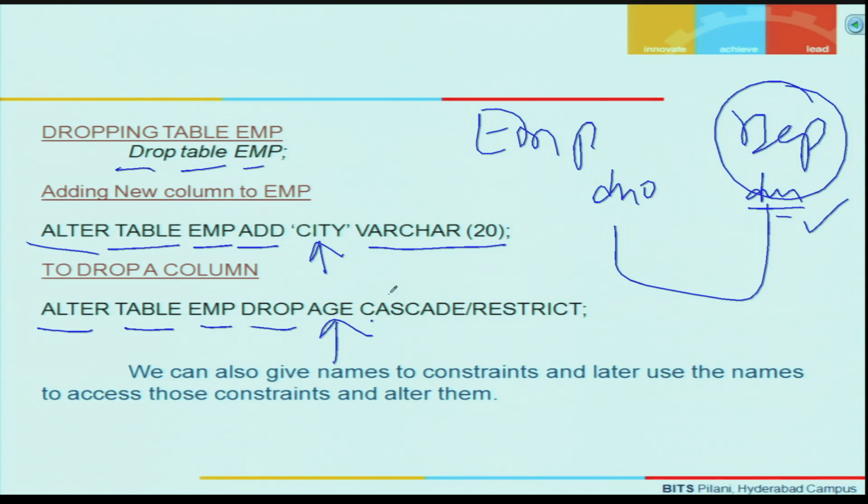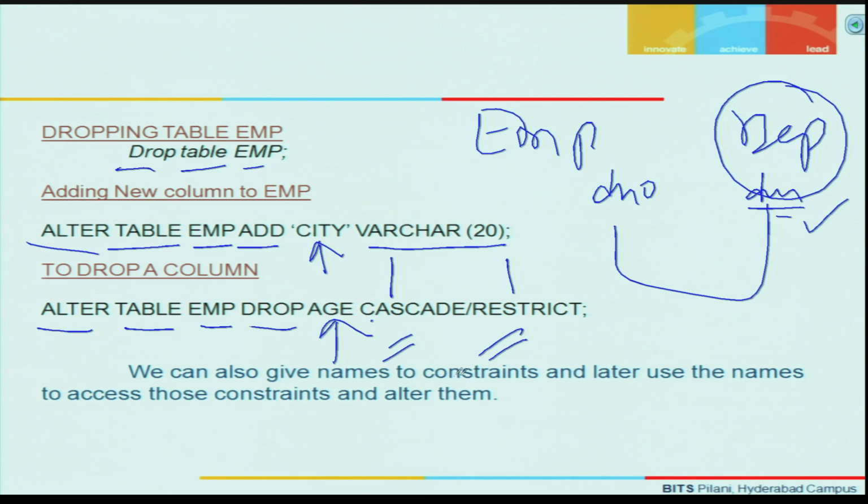I can use the keywords either cascade or restrict. If it is cascade, it means that when you delete that, suppose any other column or tuple is dependent on this column, then that constraint will also be dropped. And if you say restrict, if this particular column which you wish to drop is involved in any constraint, then the system will not allow you to drop that particular column.